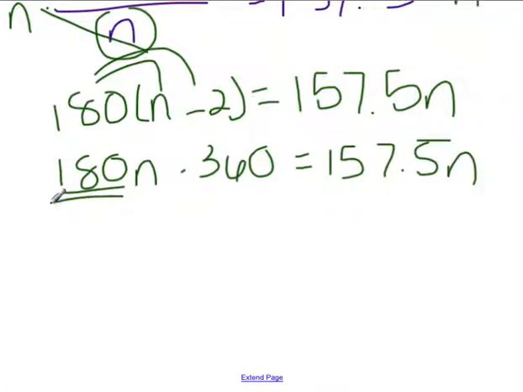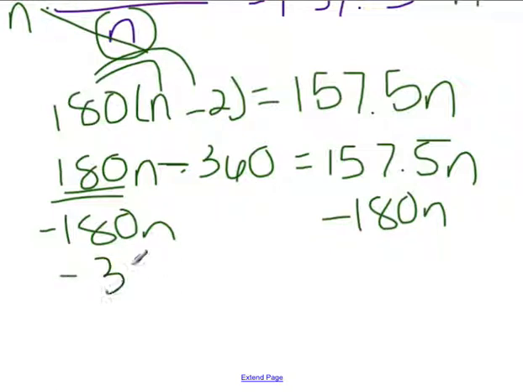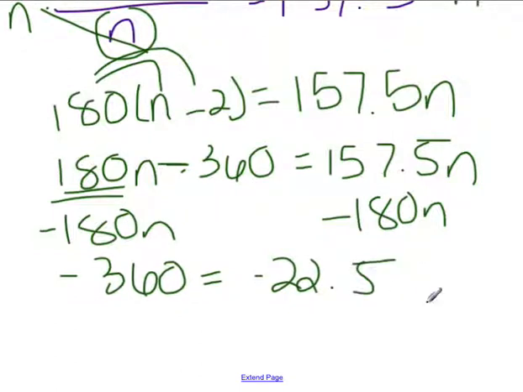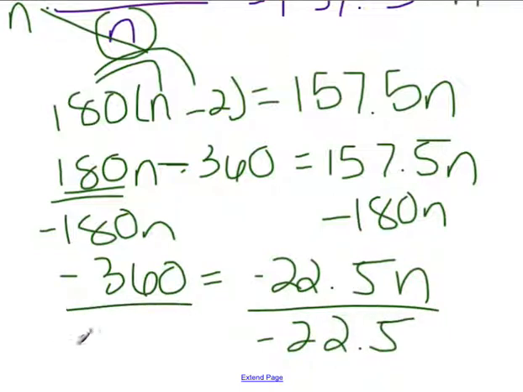Now I want to get this positive 180n over to the other side. Since it's positive, I'm going to subtract 180n. Then I get negative 360 is equal to negative 22.5n. The last thing I need to do is solve that for n, so I'm going to divide both sides by negative 22.5.